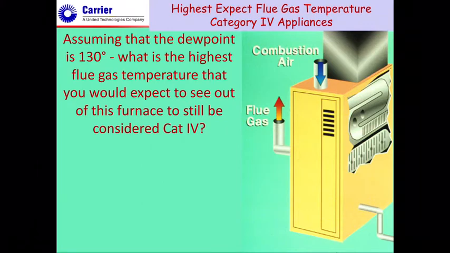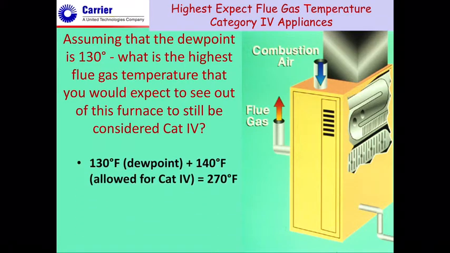All right. So let's take a look at what is the highest expected flue gas temp that would be identified in a category 4 system. Well, generally, if you assume the dew point would be approximately 130 degrees, the highest flue gas temperature that you'd expect to see out of any type of furnace or boiler that would be considered category 4 would be, if you add the 140, about 270 degrees.